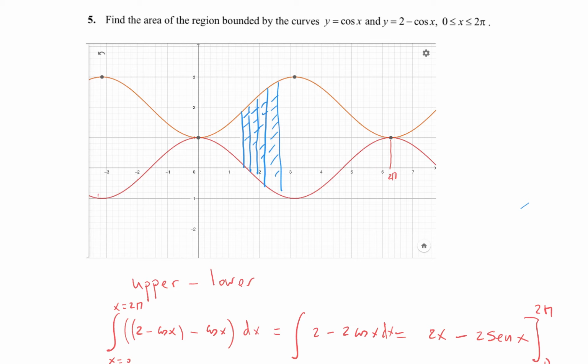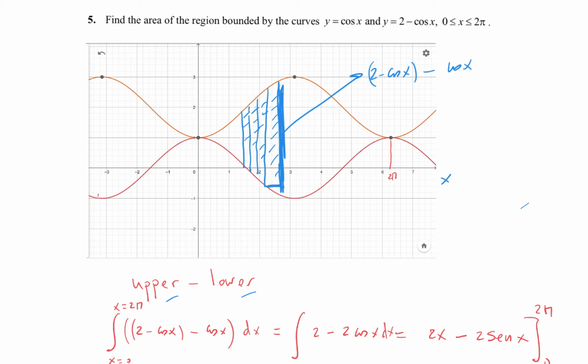So we'll do the upper curve minus the lower curve. This is this size. This is the upper. The upper is 2 minus cosine of x, minus the lower, cosine of x. This is the size, multiplied by dx.